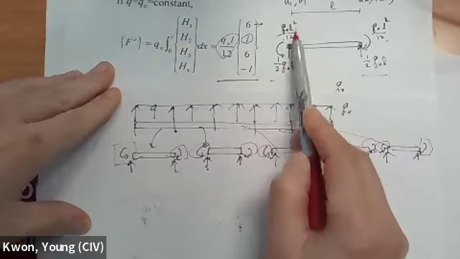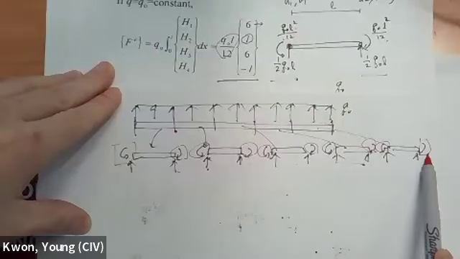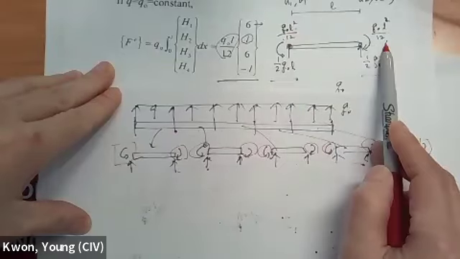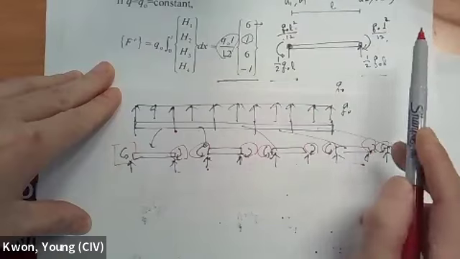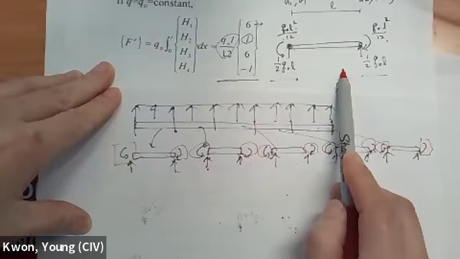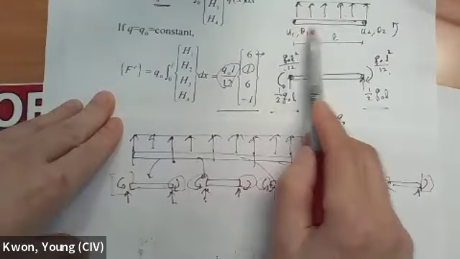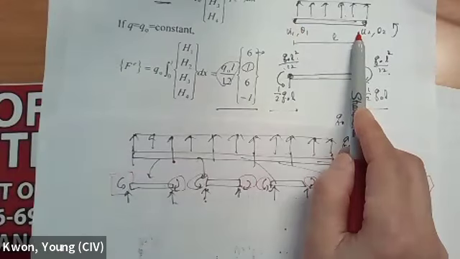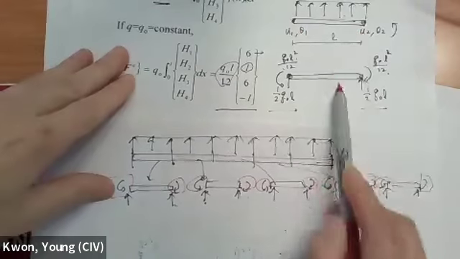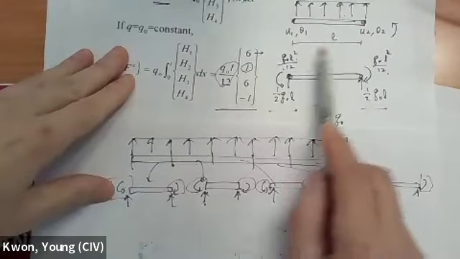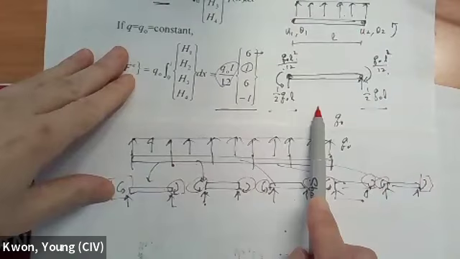So in other words, the moment can be ignored eventually. What I'm saying is that their representation exactly matches that one when the element size becomes smaller and smaller. So this is exactly the right formulation.